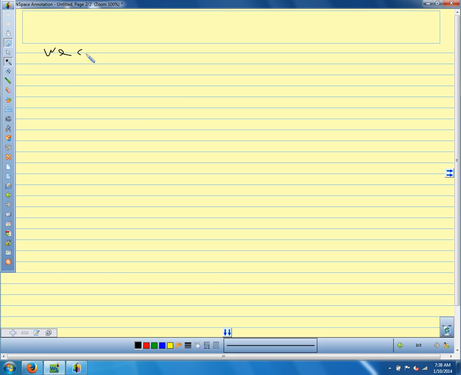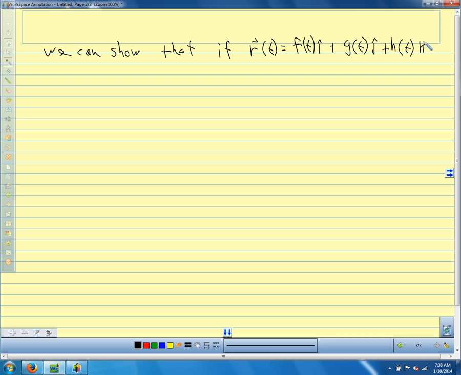So we can use the definition to show, I'm going to use one of the favorite terms that math people like to use, we can show, but we don't actually show it, that if r of t is f of t i plus g of t j plus h of t k, and f, g, and h are all differentiable functions, then r prime of t, we just take the derivative of each component: f prime of t i plus g prime of t j plus h prime of t k.